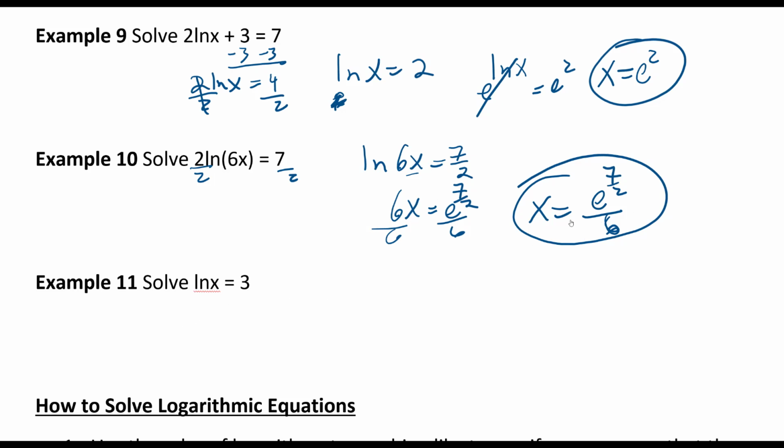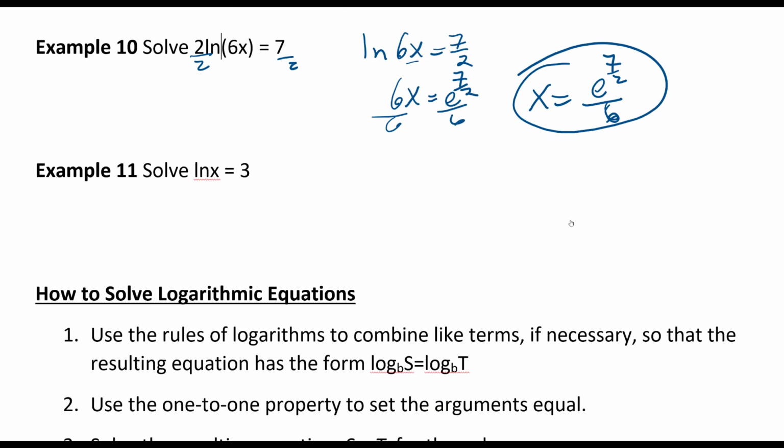I know that engineers might like that answer as a decimal. And this next one, we have natural log of x equals 3, which seems a little anticlimactic. Oh, this is what they want us to graph it. That's right. So it's just solving this, like I did before. This is a base e, so x is e to the 3. Or you can graph it and see where they cross.